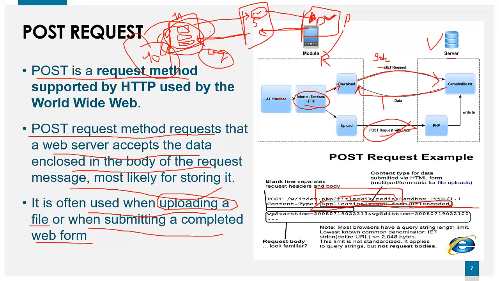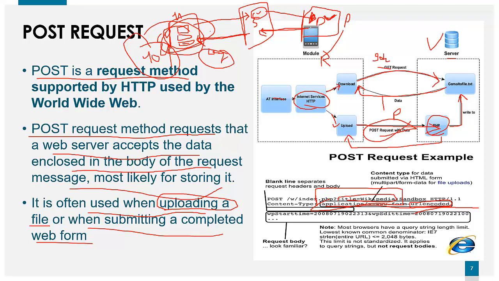If we want to upload the data, first of all we will send a POST request with credentials. Those credentials will be encoded, meaning they are encrypted. In the server there is a backend language like PHP or Node.js, which will write to that file or to the database, and then send us the response.